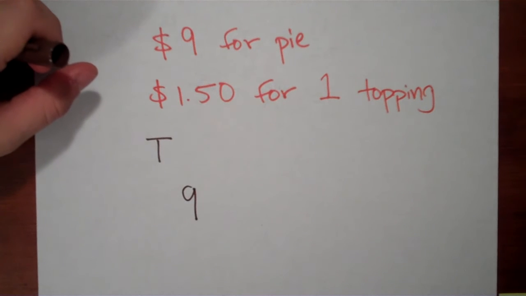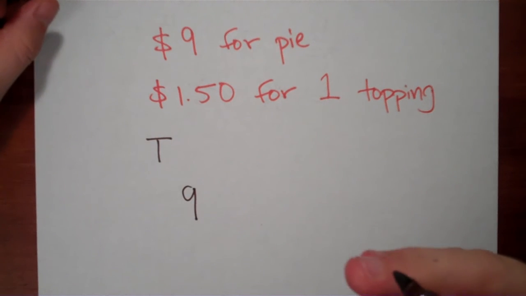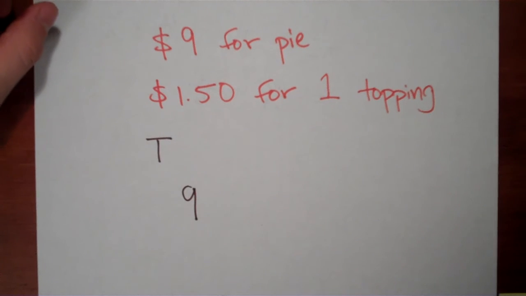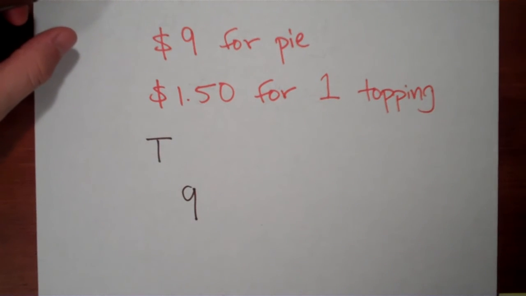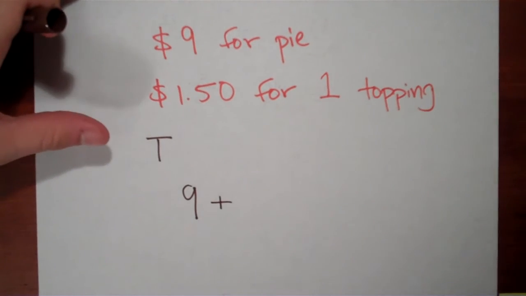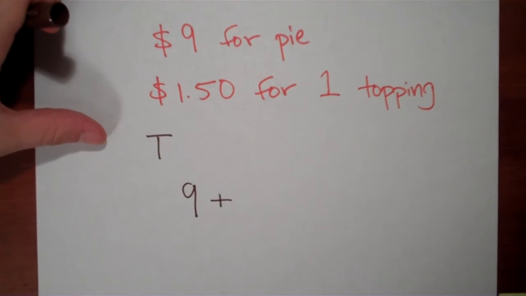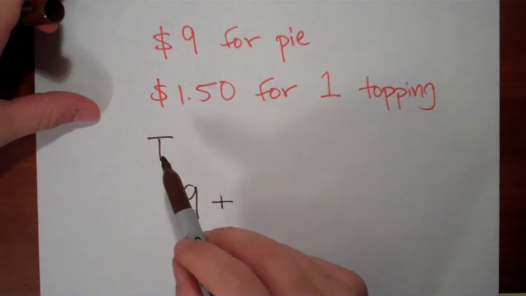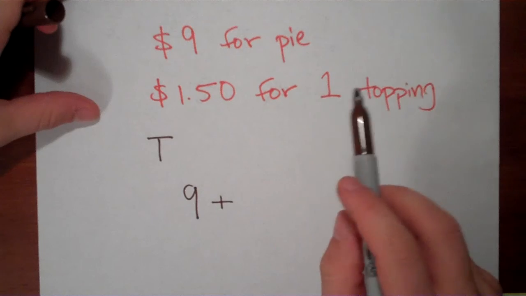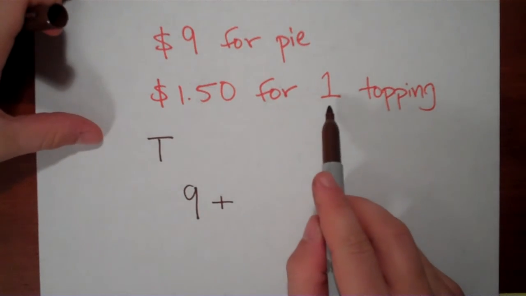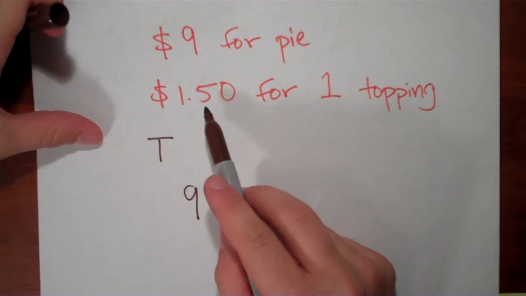That'll be the first one. Now, with each topping we order, we're going to be adding money on to the total price. We're going to start at 9, and as we order more toppings, it's going to get more and more. So we know we're going to put a plus here because our price is going to keep going up and up. And $1.50 for one topping, but we're getting T toppings. So if one topping is $1.50, two toppings then would just be 2 times $1.50.